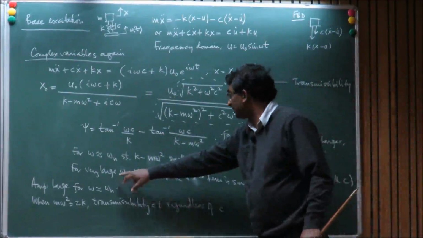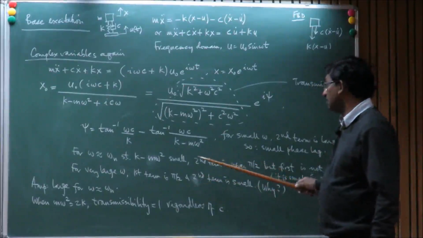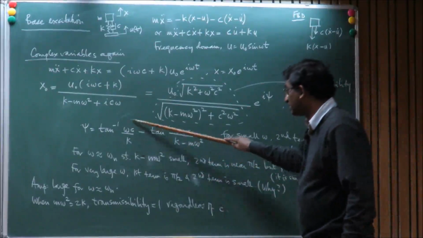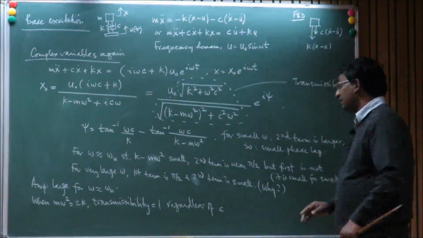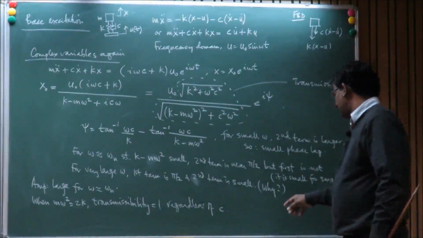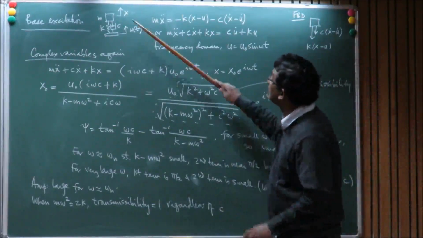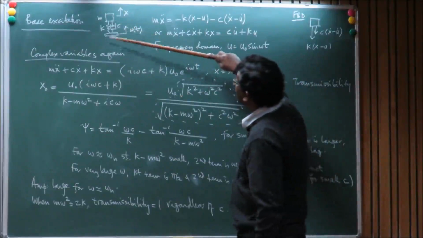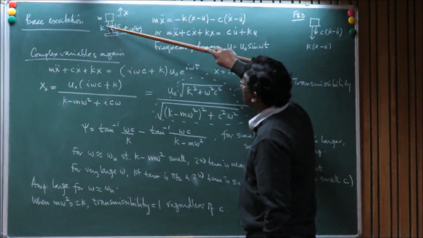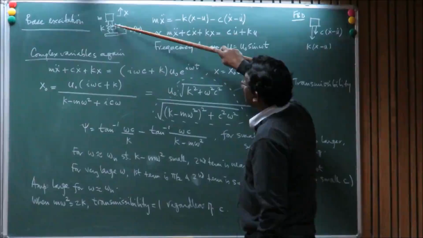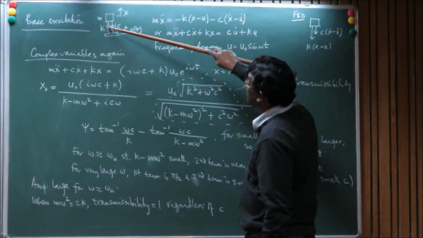For very large omega, this one gets close to pi by 2, this one gets very small, and so in fact the phase is pi by 2. Why is it so? You have to look here and see. For very large frequency, you know that the mass does not move much anyway, but over here between this one and this one, the force from the damper becomes much bigger than the force from the spring because of the large frequency.